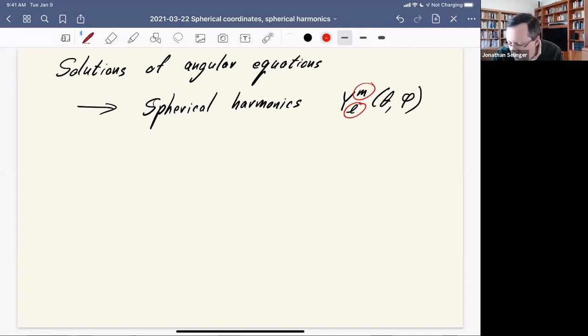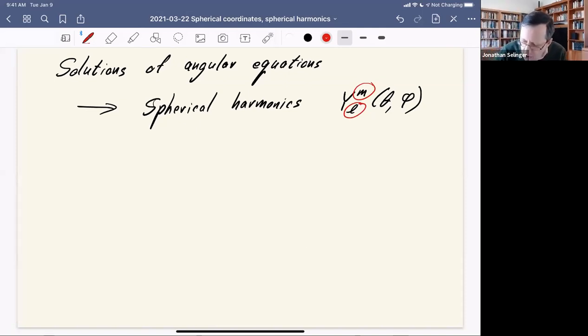They are written with two indices, the L and the M. Conventionally, the L is written as a subscript, the M is written as a superscript. But the M does not mean a power. This is not something that's raised to the M power. This is just a label that's written up high instead of down low.